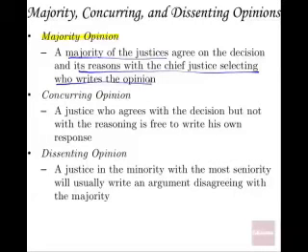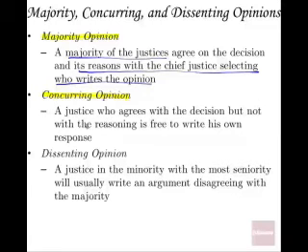Whoever writes the opinion writes on behalf of the majority of the court, saying that they believe the case should be ruled this way because of so-and-so reason. So that's the majority opinion.